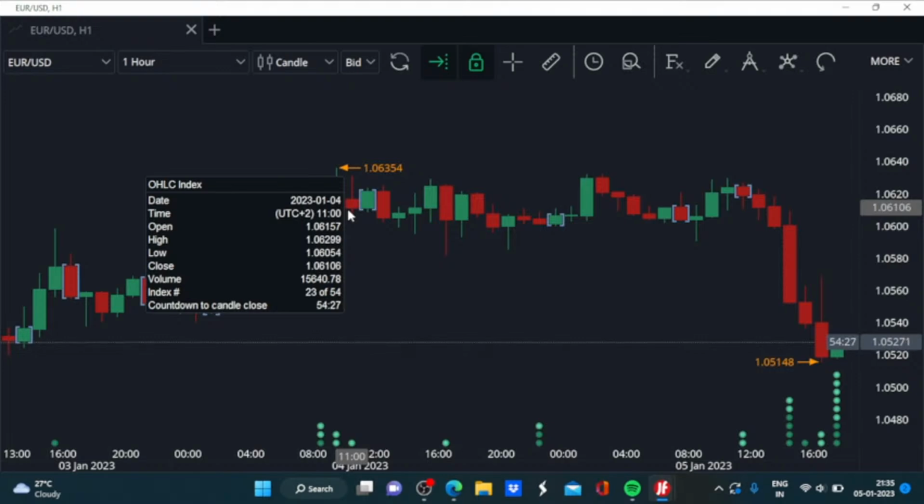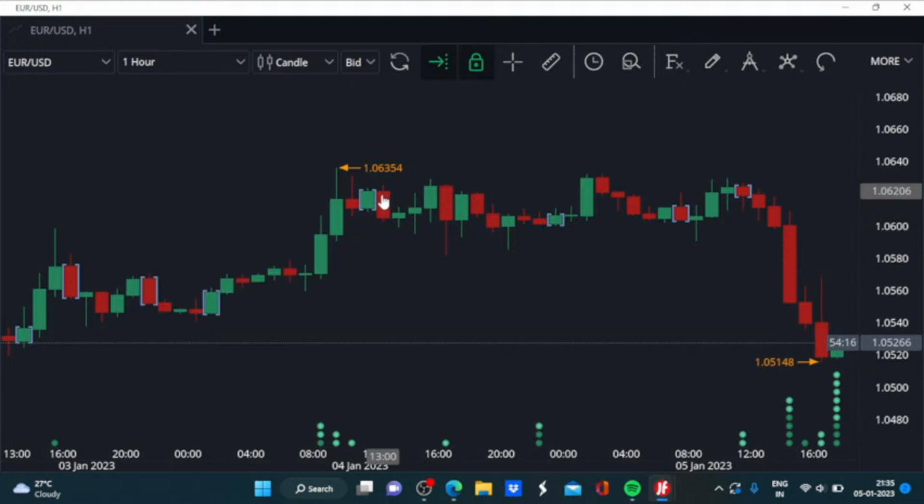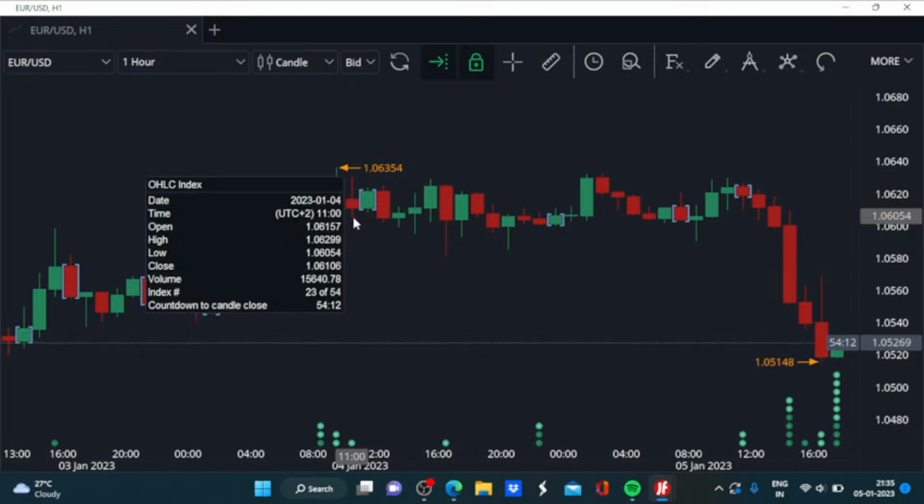That also means the reversal is almost complete, and this might be the time to go for a buy trade in the next couple of candles or even straight away, while giving enough of a buffer on the lower side.